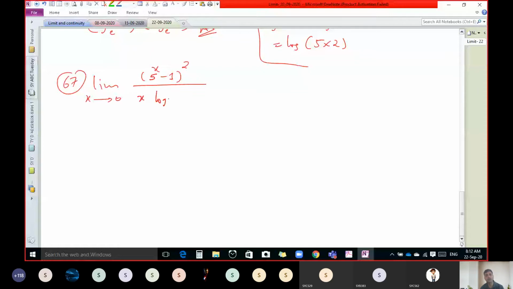Base e is already there, so no need to write base e every time. So to avoid the confusion, let us remove base e right now.